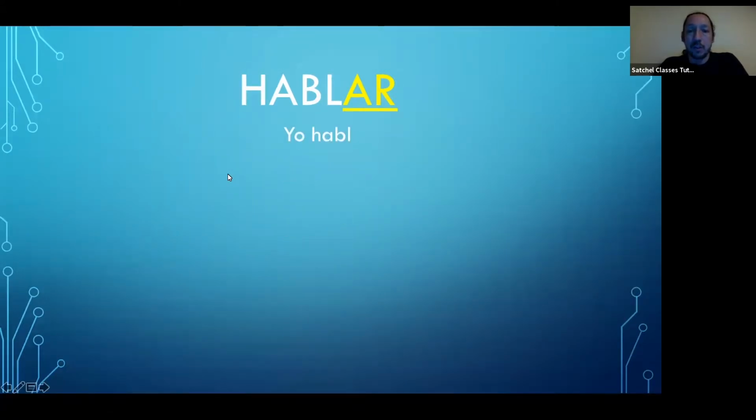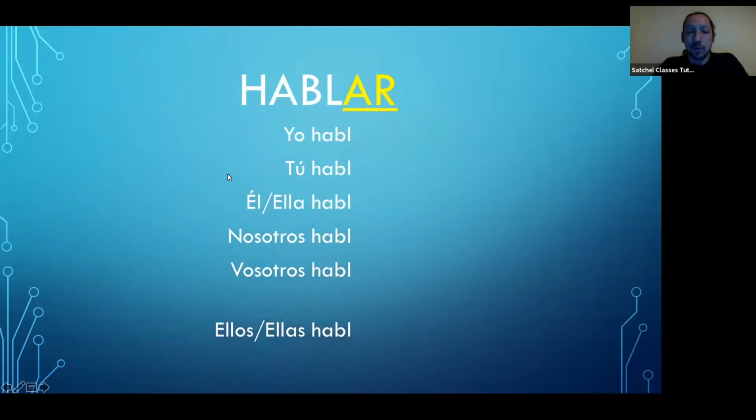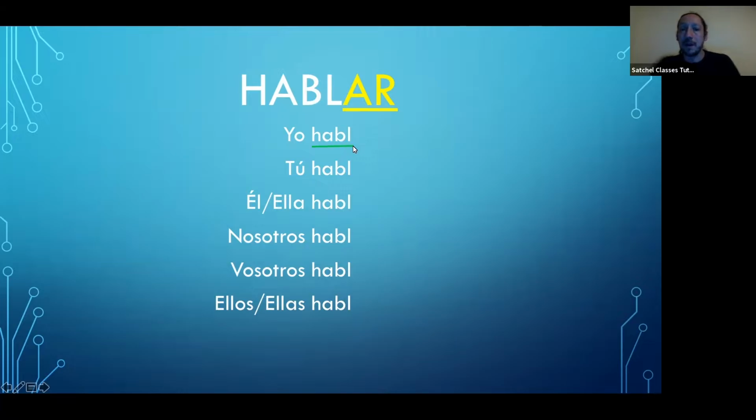So let's say I have yo, tú, él, ella, nosotros, vosotros, ellos, ellas. As you can see, I have left out the AR and I have left habl, so to speak. Now, why did I do that? Well, because this here is what we call the root of the verb.